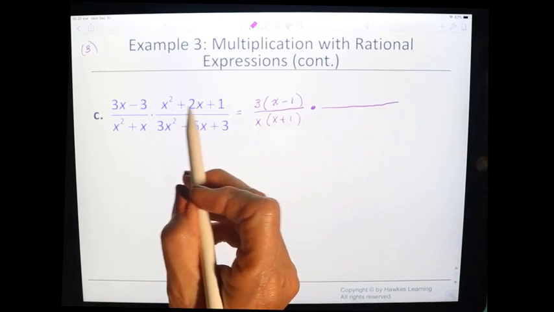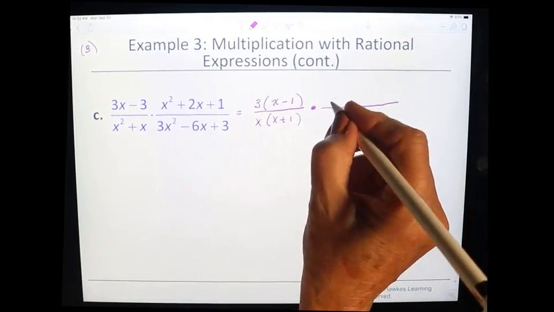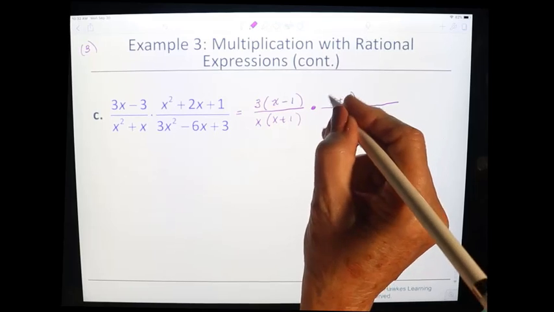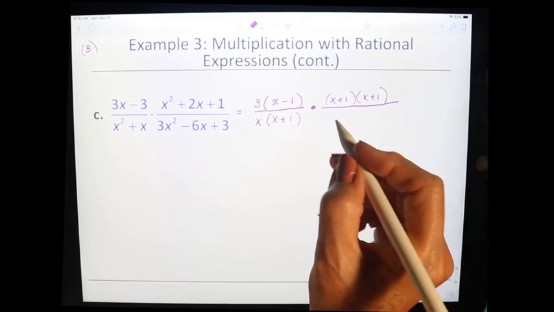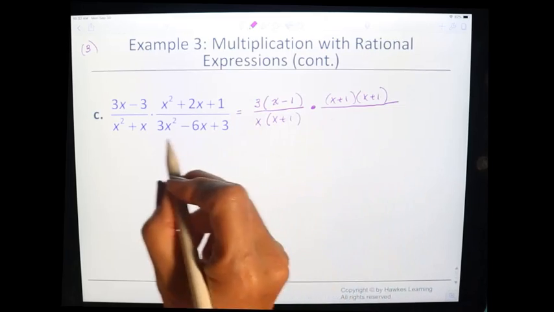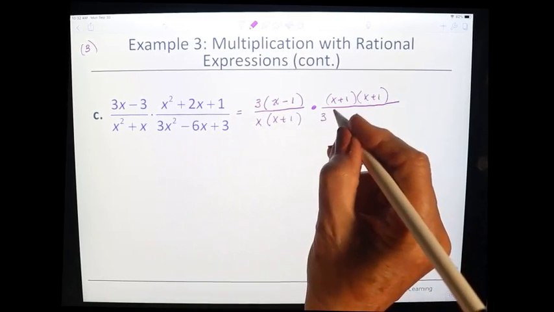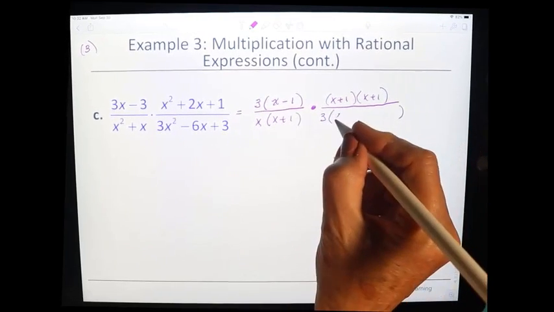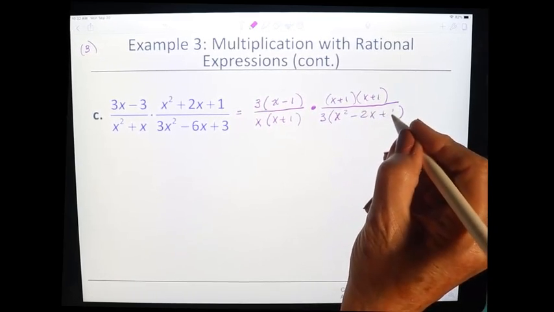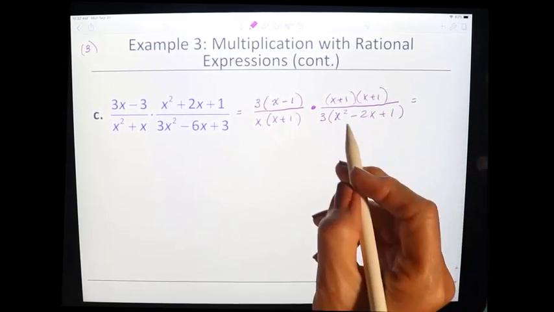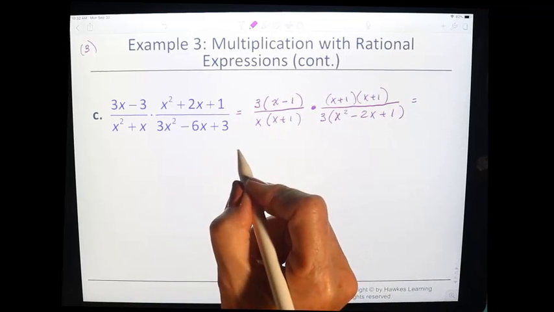Factor this trinomial, x squared plus 2x plus 1. And in the denominator, I see a common 3, so let me pull out that common 3. So I'm going to have to go one more time. This would factor again.